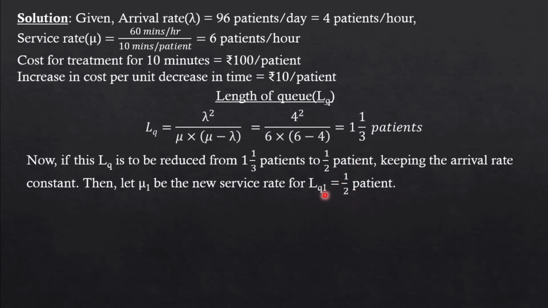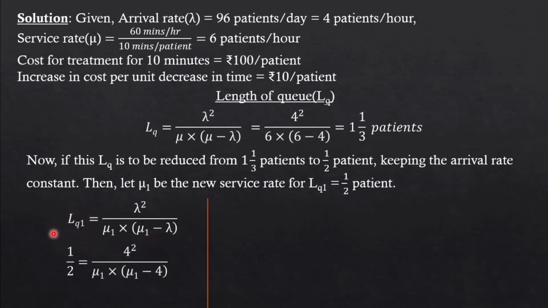And for this value of LQ1, we will find the corresponding value of mu1. We know that LQ is equal to lambda square by mu multiplied by mu minus lambda. Now this LQ has been replaced from 1 by 3 to 1 by 2, and the arrival rate does not change. So the value of lambda is as it is, only the service rate changes, and it is replaced as mu1.